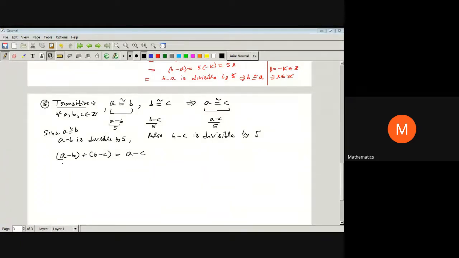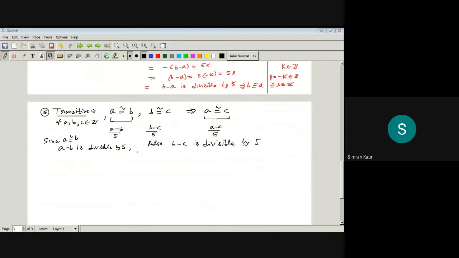Simran, you know how we can prove this. Think about what we have proved in the previous part, that is symmetric. How did we proceed there?